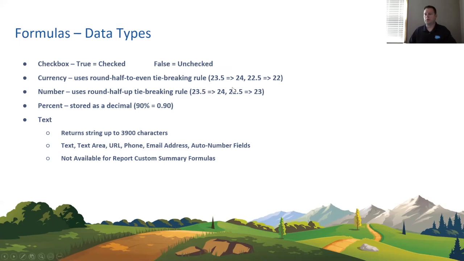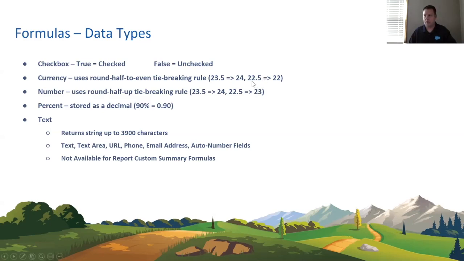Sure. So rounding normally is going to go to the closest whole number. The only difference between the two in the rules is when it's exactly at a half. So 23.5, or this one's a little easier to see, 22.5 is exactly the halfway point. When you round to even, it's going to go to the closest even whole number.